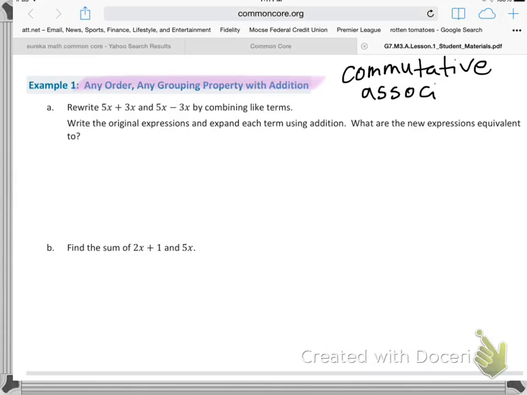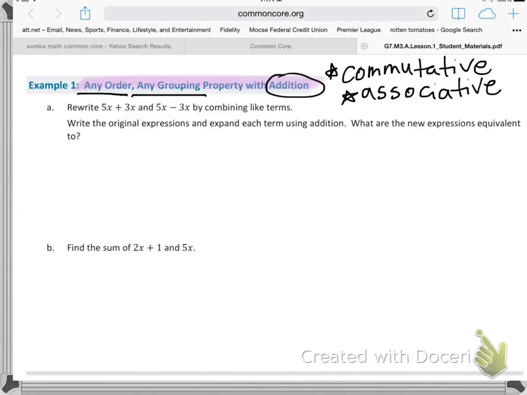So this idea of commutative means you can move things around, so you have any grouping, associative, and any order, okay? These two properties are only relevant to addition and also to multiplication, okay? But that's the idea of this any order, any grouping property with addition.